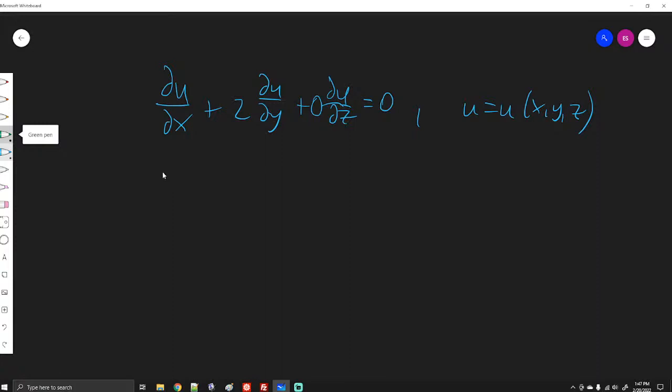So that way I can write this as 1, 2, 0 dot partial of u partial of x, and so on. So this here is going to be my direction vector 1, 2, 0.